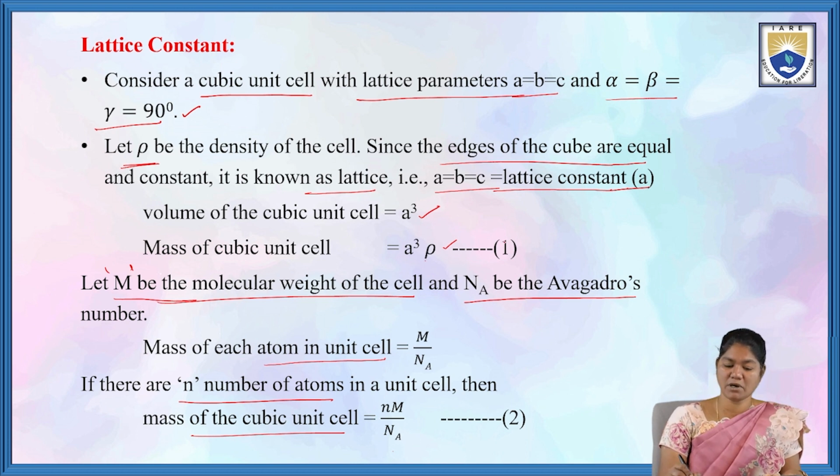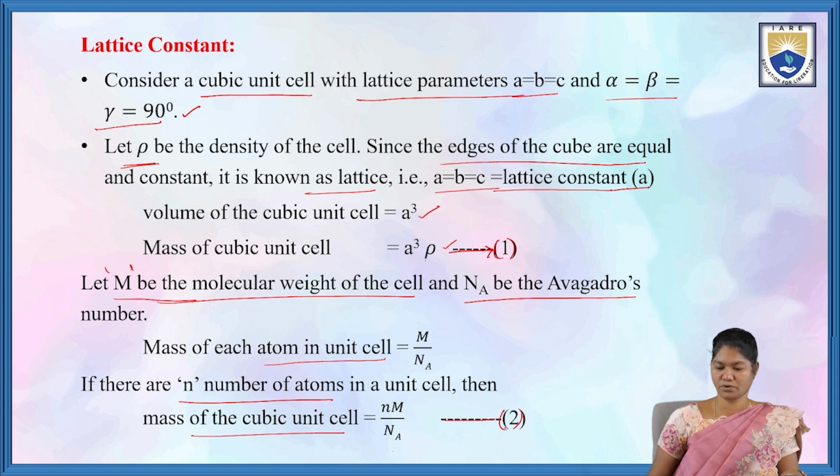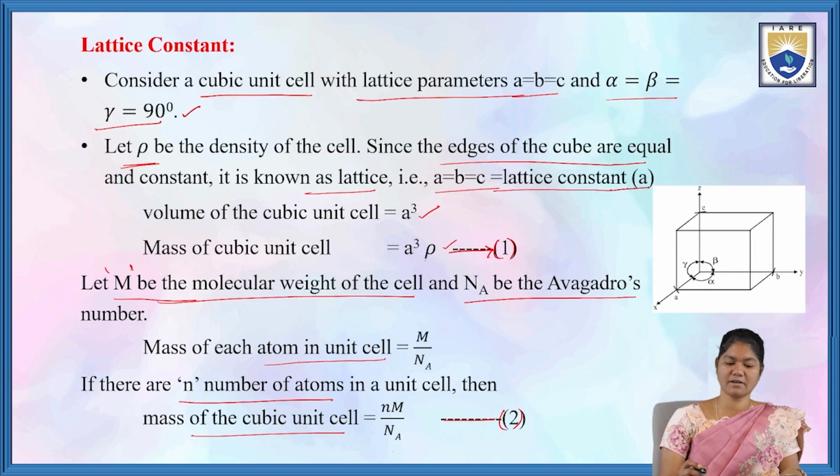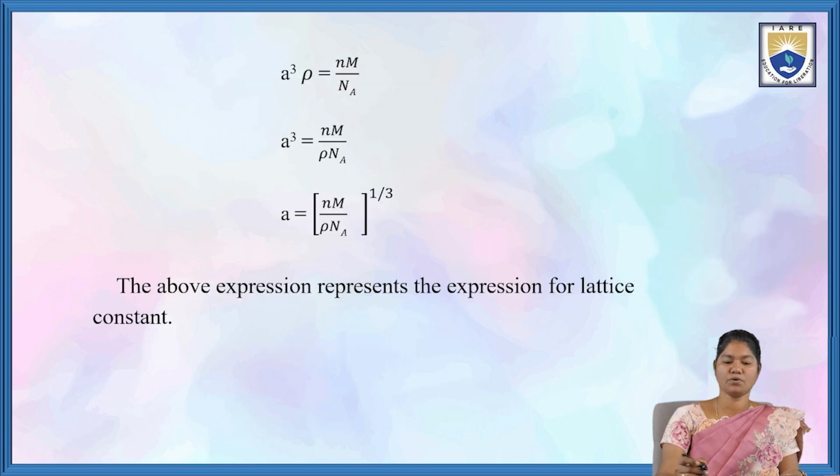So let the mass of the cubic unit cell in the first case be equation 1, and in this case equation 2. From 1 and 2, equating both the expressions, a cube rho is equal to nM by Na.